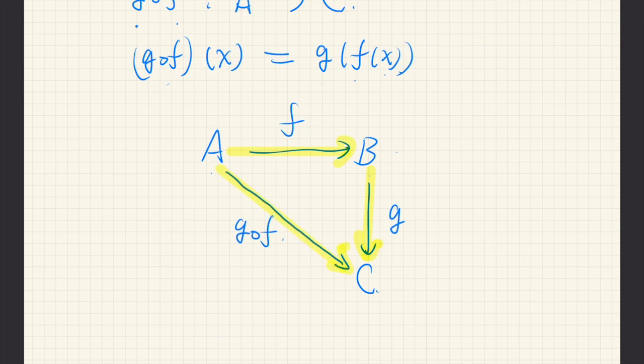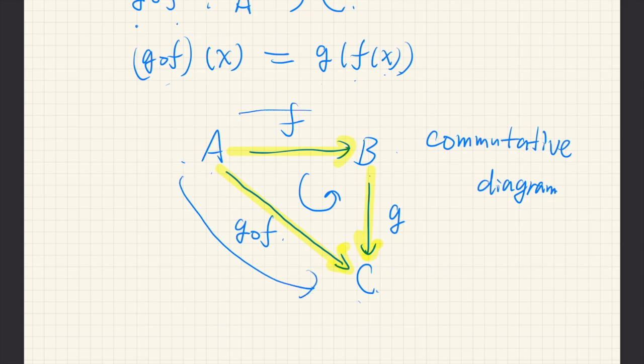So this kind of diagram is called a commutative diagram. That means for the path from A to C, there are two paths, right?